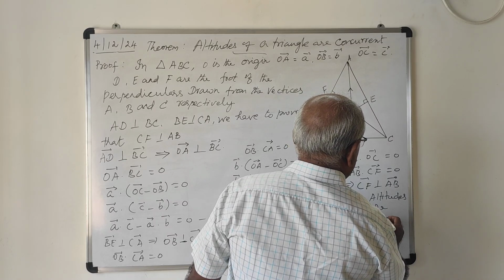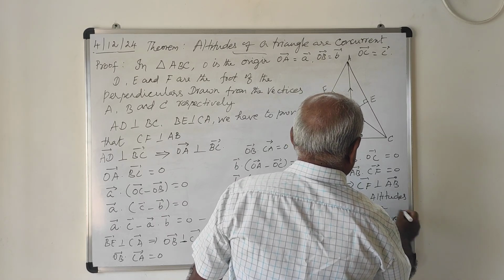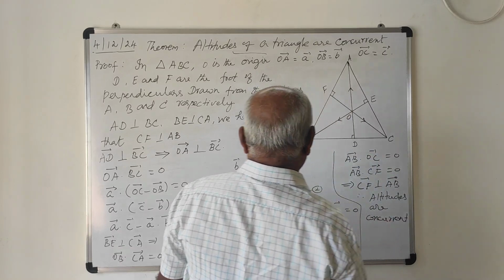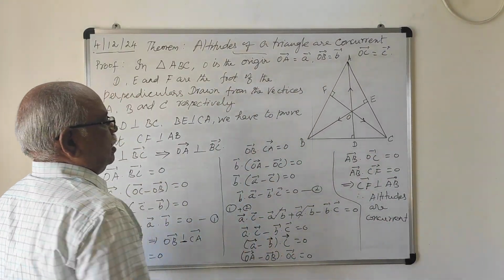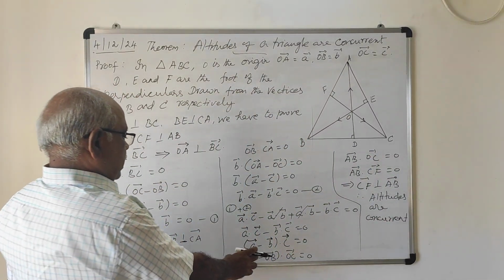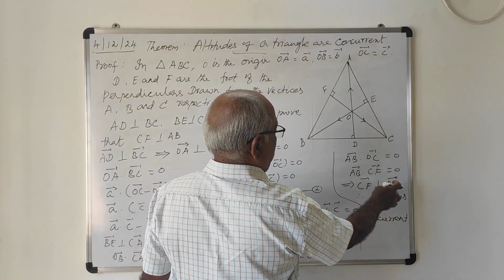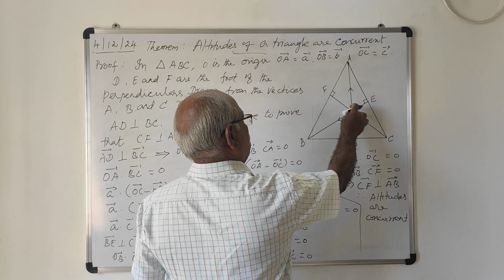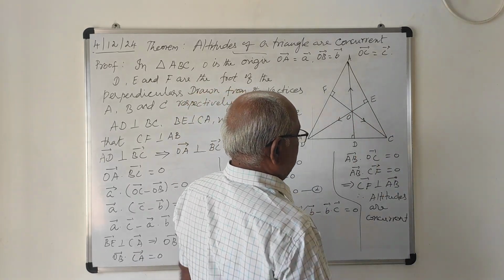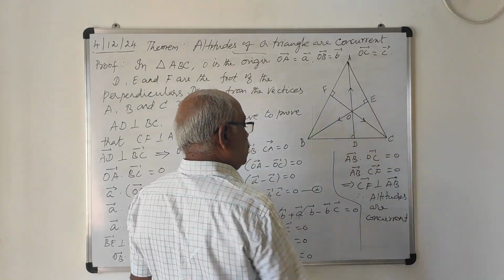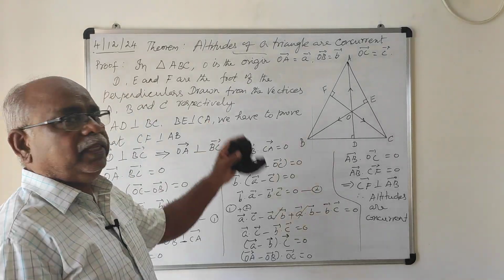So CF is also passing through O, therefore all the three altitudes are concurrent. All altitudes are passing through O. That's all about the theorem.